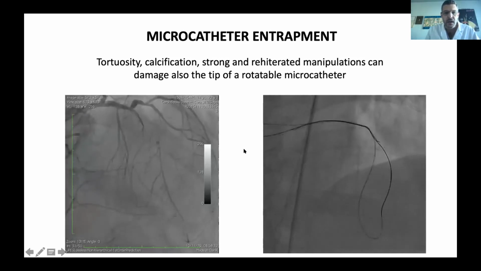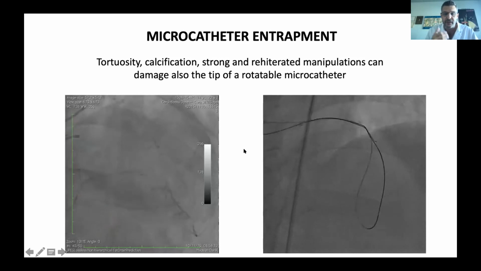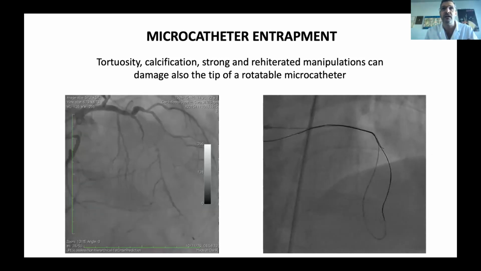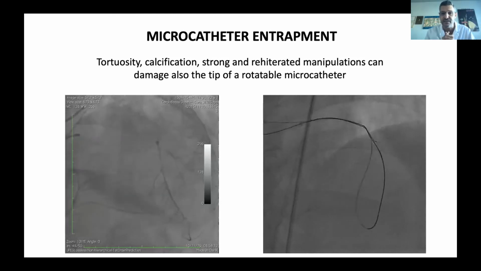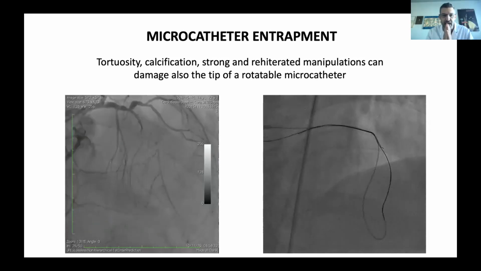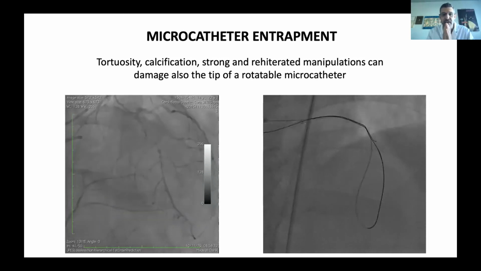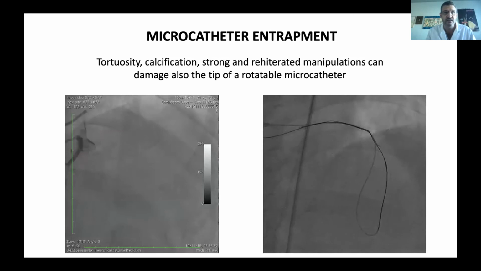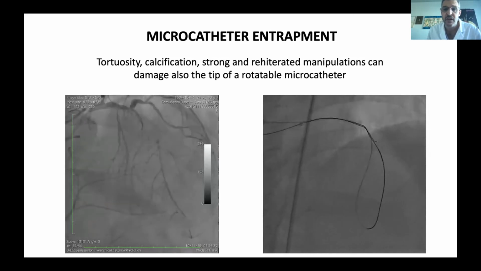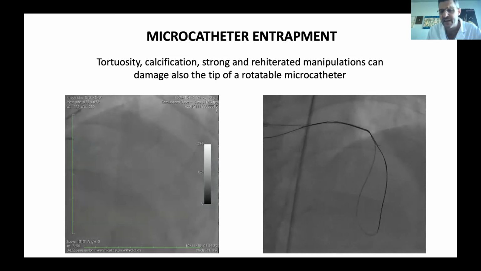But you can also experience a tip fracture of a strong-tip, rotatable microcatheter such as the Corsair, because if you try to force the microcatheter into a calcified lesion, even a rotatable one, you can also have device entrapment in the plaque, in the CTO body.